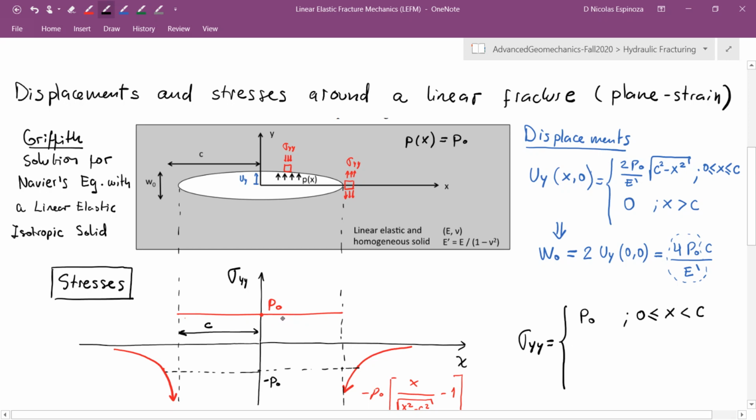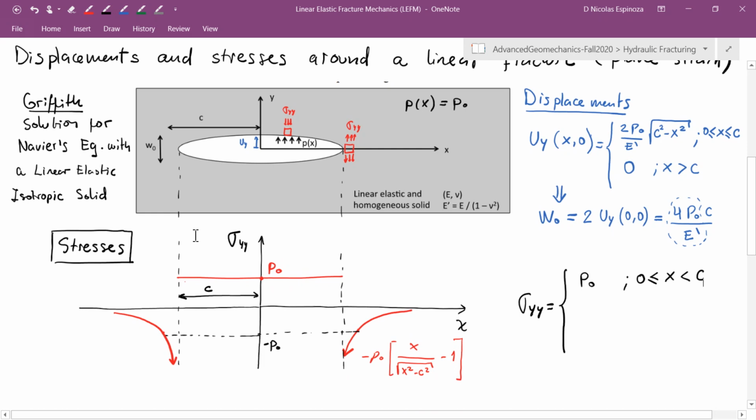All right, what happens outside the fracture? Outside the fracture, what Griffith found is that the solution for stress takes the shape that you see over here, and the equation is what you see in this equation, in which I'm going to have a tension, and that tension is proportional to P naught times x divided by the square root of x squared minus half length squared, all of that square root, minus 1.